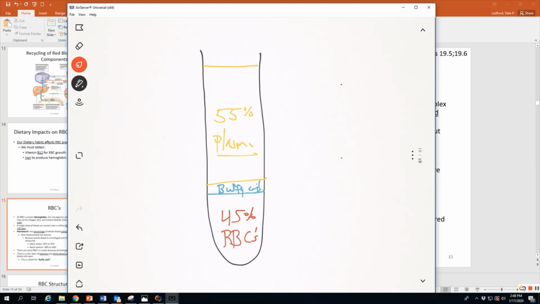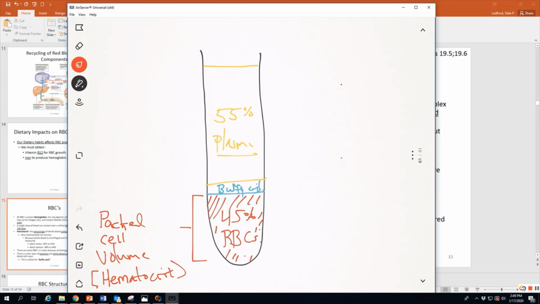This 45% RBCs that will be floating down here at the bottom in a centrifuged blood sample is referred to as a packed cell volume. But another name we give to this, which is more commonly used, is hematocrit.